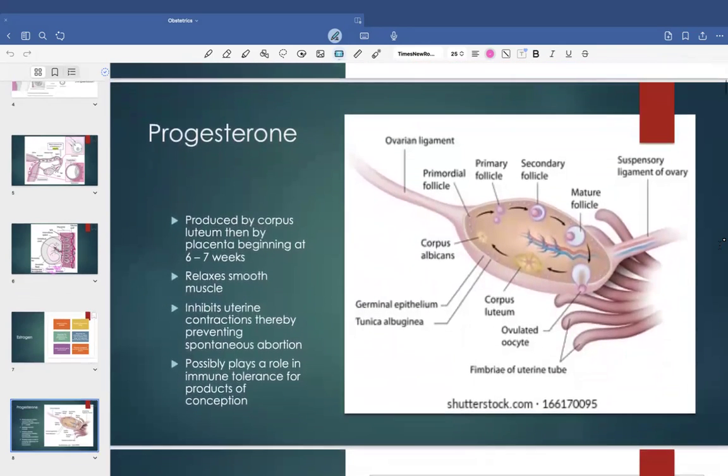Progesterone, also needed to maintain the pregnancy, is produced by the corpus luteum. So first it's produced by the corpus luteum and then by the placenta beginning around week 6 or 7. And as we said, it helps maintain that lining of the uterus so that the egg can implant. It also relaxes smooth muscle.